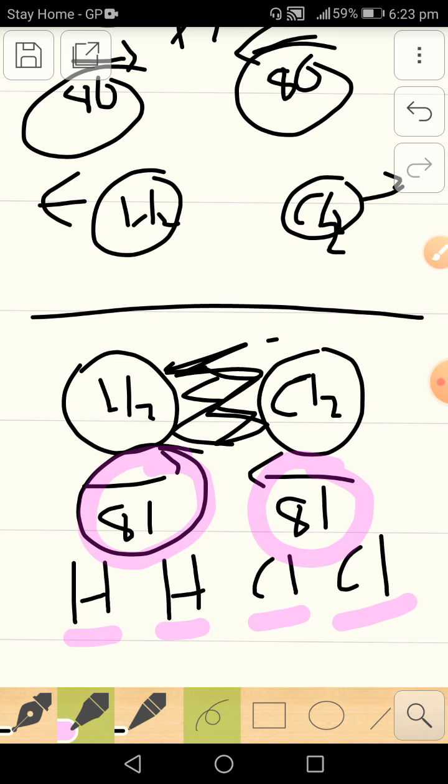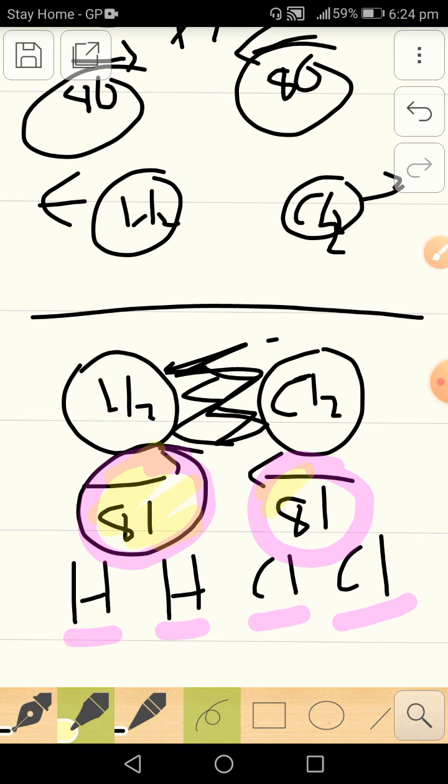Okay, for example, if hydrogen and chlorine have 83, 84, 85, 87, 90, 100, etc., their collisions are sufficient to break the bonds, because the minimum energy requirement is 81.